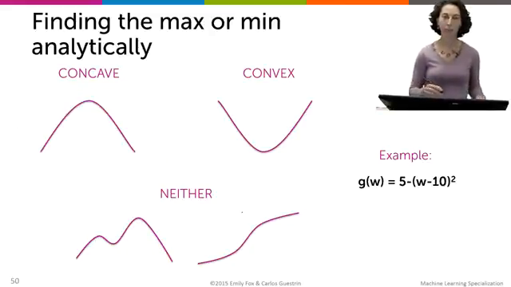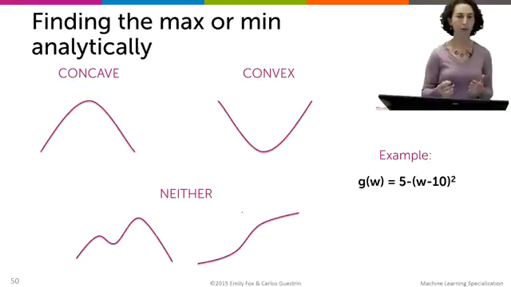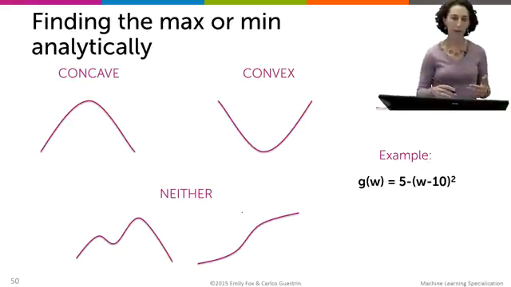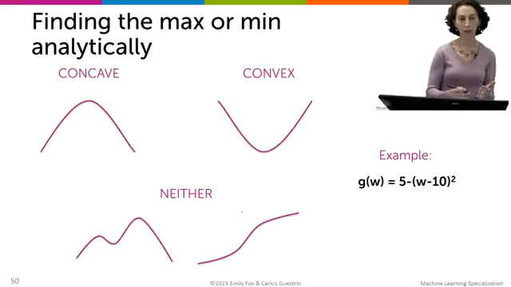Okay, so that's the notion of defining what a concave or convex function is, but we're looking at an optimization objective where either our goal is to find the minimum or the maximum of a function. So typically if we're looking at a concave function, our interest is in finding the maximum, and for convex, it's in finding the minimum.